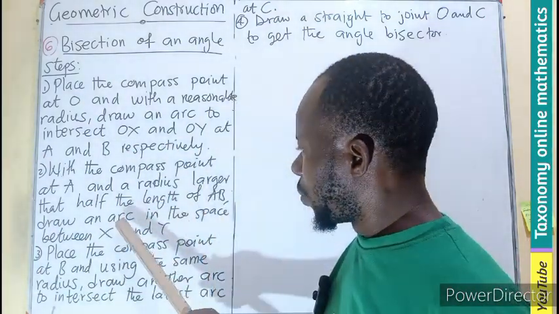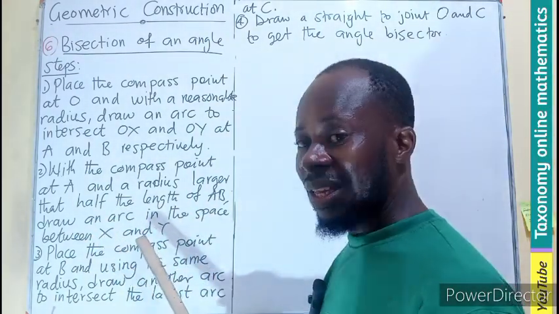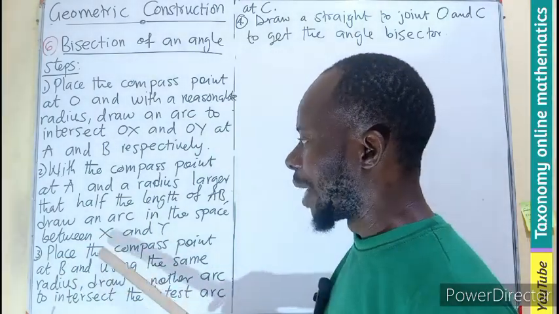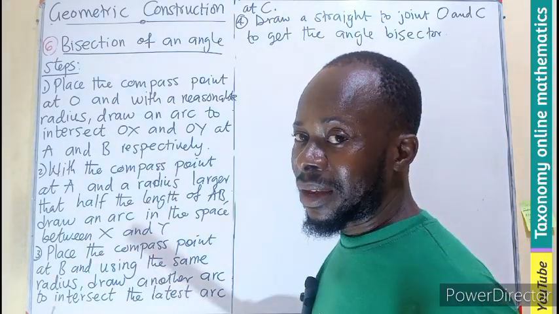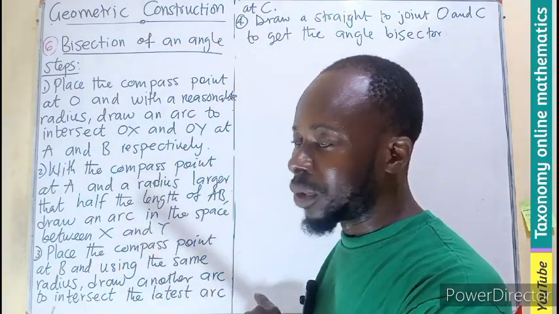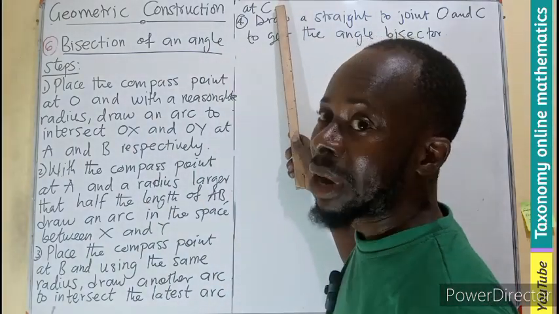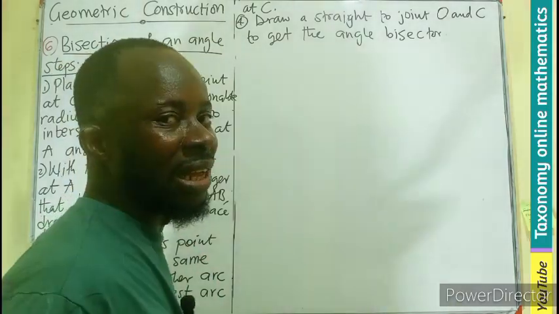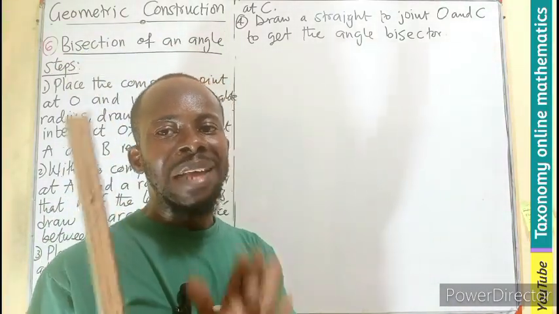Then you draw an arc in the space between X and Y. Repeat the same step for the line OY also, in order to get another intersection. Then that intersection will be labeled as what? C. Then you draw a line through that point of intersection, connecting O and C, to have your bisector.